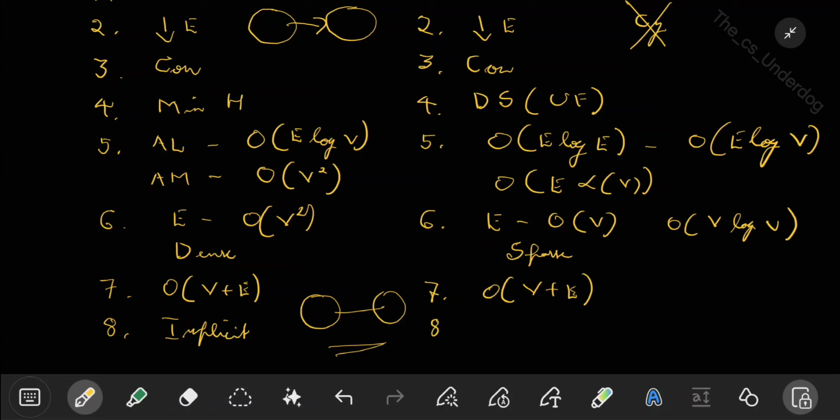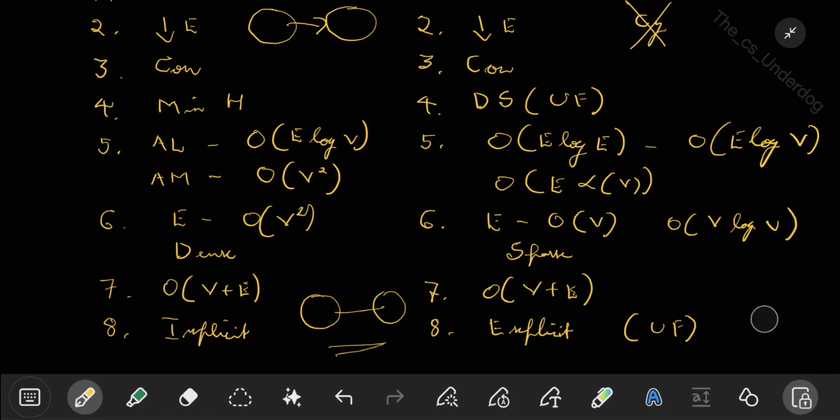And what about Kruskal's algorithm? Here, it is explicit. What did I mean by explicit? It is because here you have to specifically make sure that there is no cycle. You will use the union find data structure, also called the disjoint set data structure. The whole purpose of using this disjoint set data structure is to make sure that whenever you add an edge, this edge won't form any cycle.